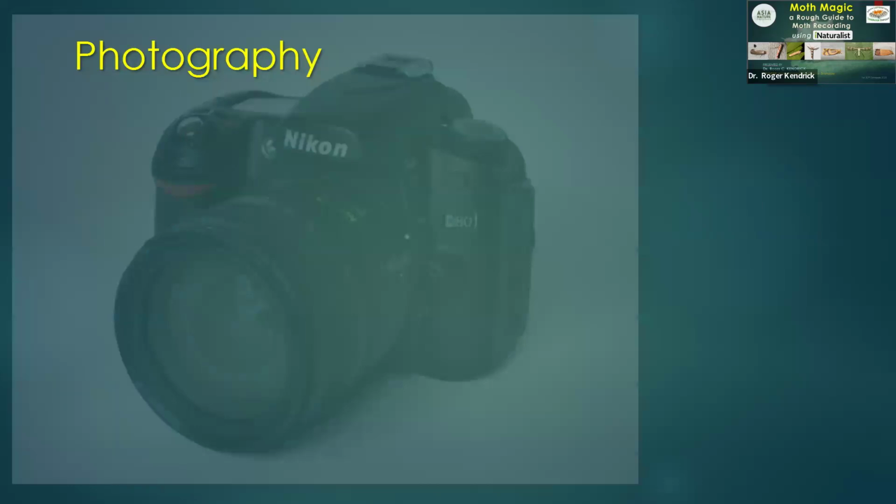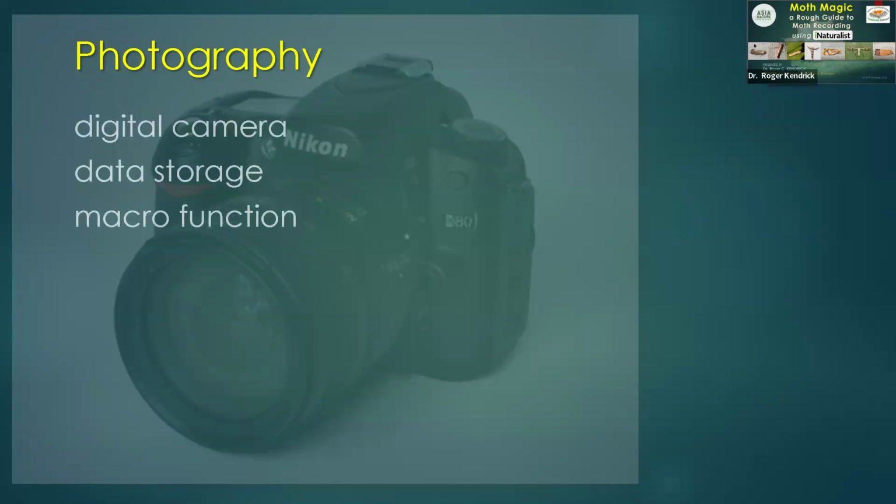Now, that leads into photography. iNat relies on good photographs being supplied so that people who do identification have at least some chance of being able to identify what is offered as an observation. So what are you going to need? Well, a digital camera these days, because the days of celluloid and editing your photos before you take them are thankfully a thing of the past.